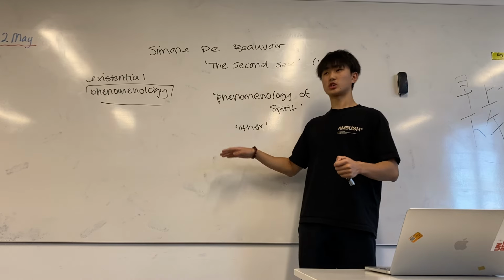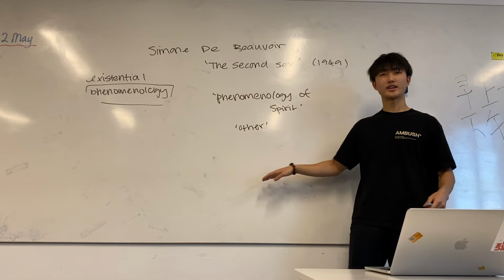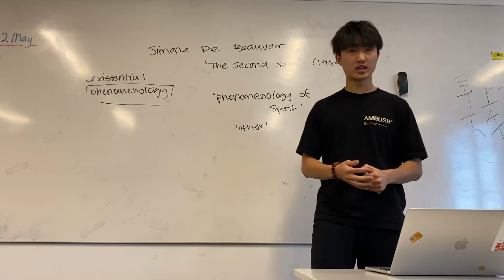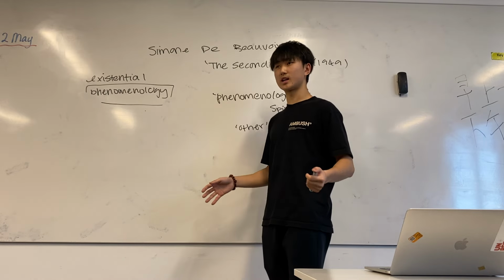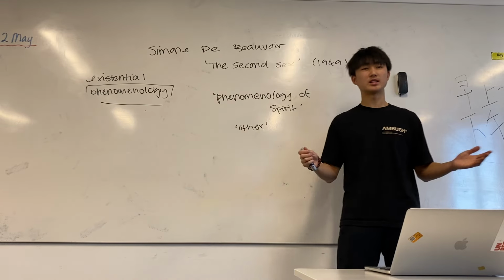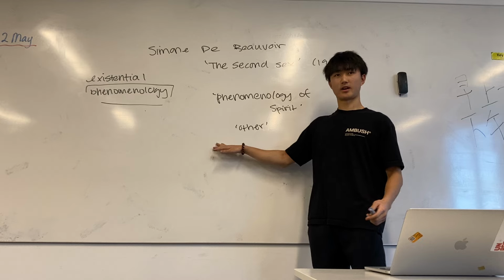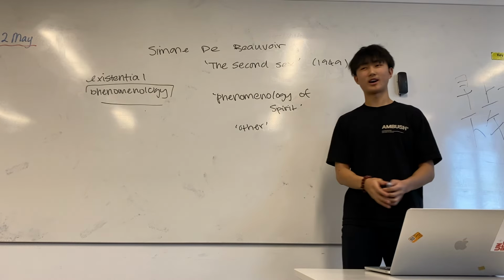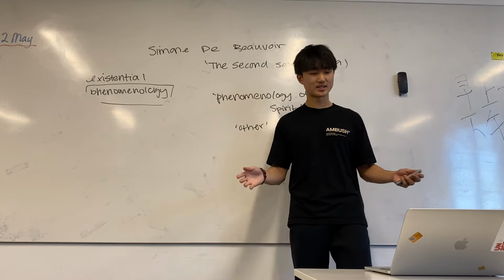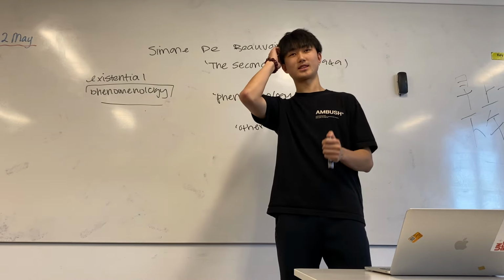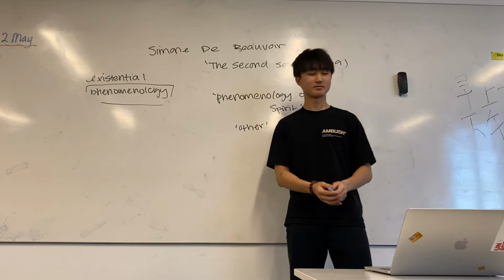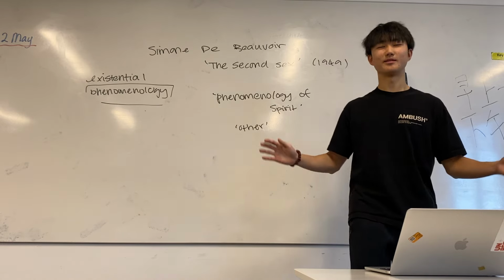We should actually stop being lazy and start fighting against patriarchy to be seen as equal, and we should take up our freedom, right? Because she actually argues that women do have a lot of autonomy and freedom, but they just choose to be content with their role as other. And so instead, what women must do now is take that freedom and fight against men to prevent being seen as inessential. That is how we combat sexism and the current, or maybe the past, female experience. Yeah, that's about all I have.